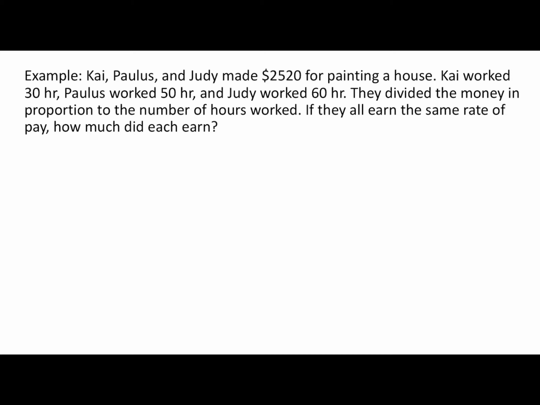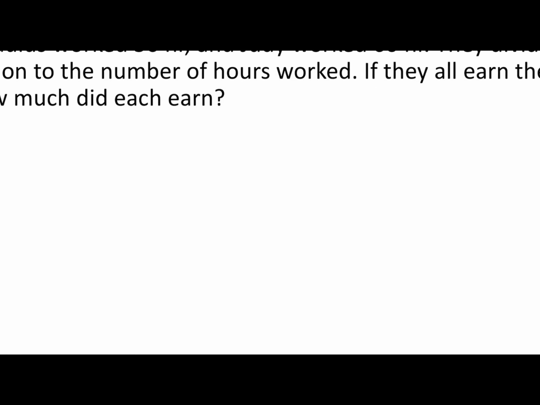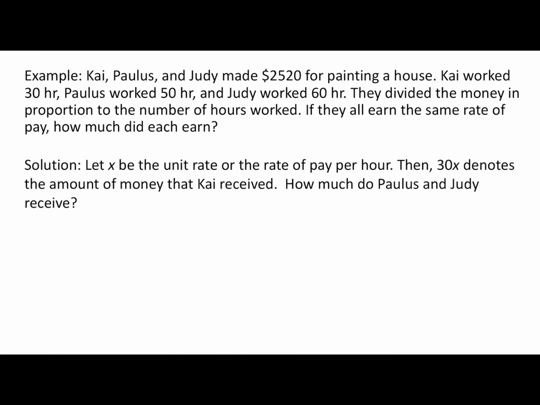Well, here we have a couple of options. I'm going to let X be the unit rate, or the rate of pay per hour. Then if I want to know how much Kai gets paid, he gets paid 30 times X. What about Palace and Judy?